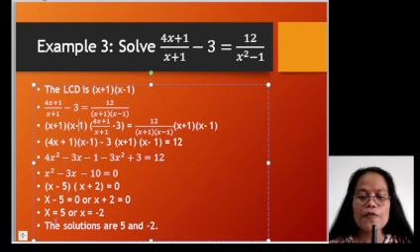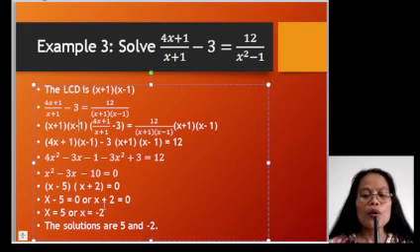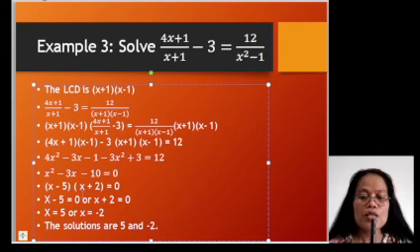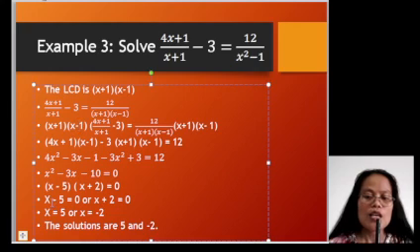And we need to find the solutions. We have x minus 5 equals 0, or x plus 2 equals 0. And we need to add 5 to both sides of the equation for the first factor. So x minus 5 plus 5 is 0. So x is remaining at the left side, and 0 plus 5 is 5.